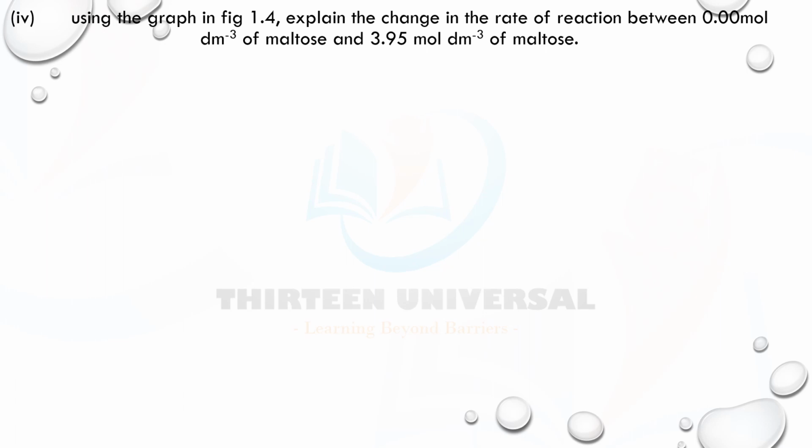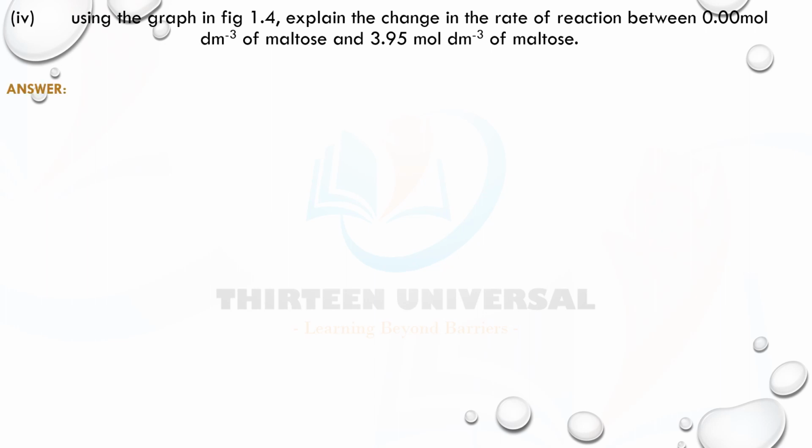Using the graph, explain the change in the rate of reaction. As substrate concentration increases, the rate of reaction will increase. Why? Because more substrate is available, so more effective collisions between the enzyme's active site and substrate. At low substrate concentration there are fewer substrates available, so a low rate of reaction, and substrate concentration is the limiting factor.